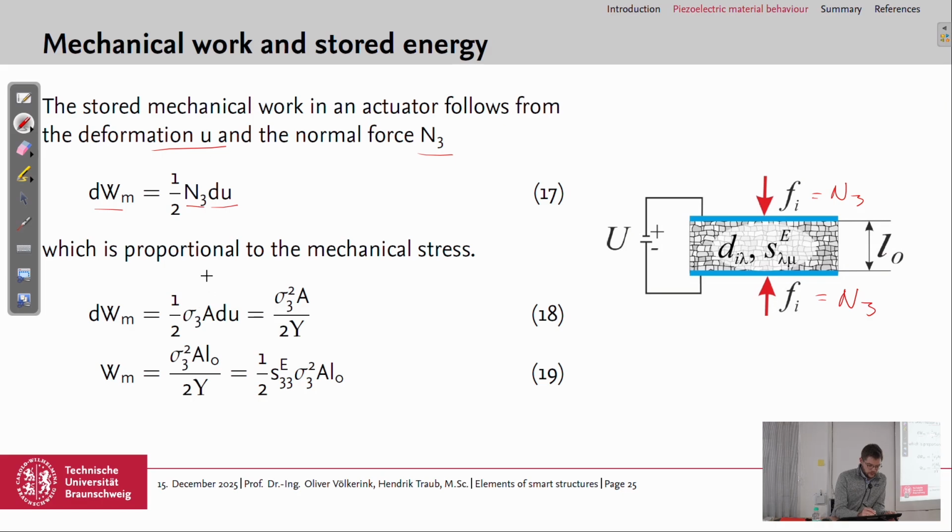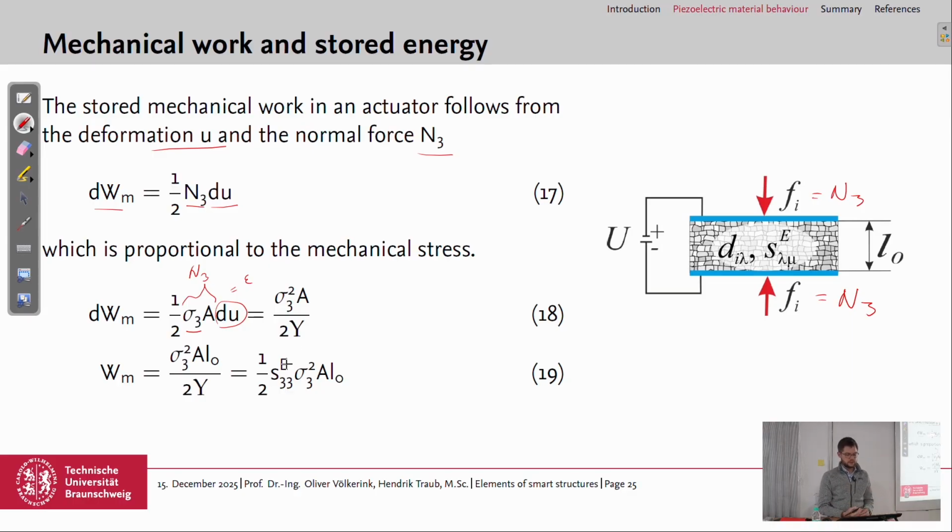And we can use this equation and replace N3 with the stress times the area. And then we could also replace du using Hooke's law. And then we have the equation for dWm: sigma 3 squared times the area divided by 2 times the Young's modulus.